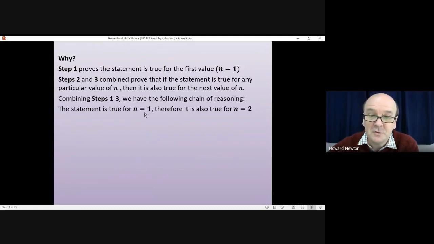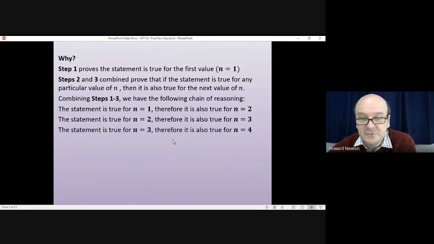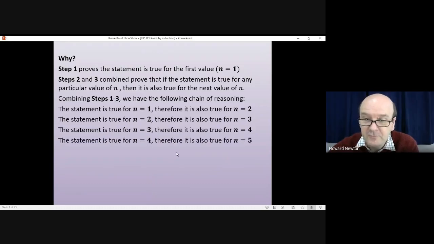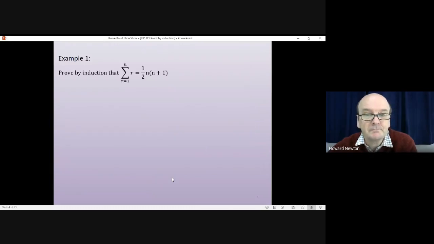We assume that it's true for one step, but we've proved that if that's the case, it is true for the next step. The statement is true for n equals 2, therefore it's also true for n equals 3. If it's true for 3, it's true for 4, true for 4, true for 5, and so on for every further value of n. What induction does is it cleverly sets up an infinite line of dominoes. You knock over the first domino, and then every domino after that also has to fall.